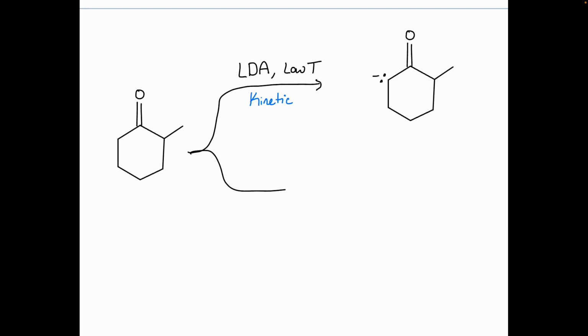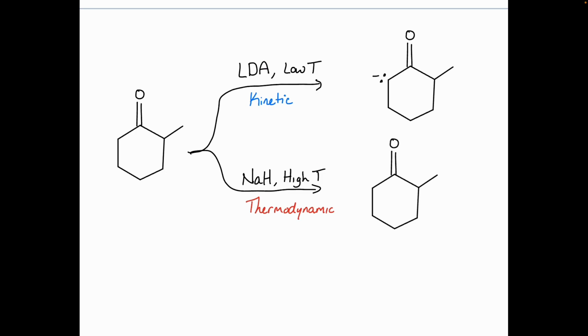Or we could instead use our small base, the sodium hydride, at high temperatures, and this would lead to the thermodynamic product, the more stable enolate ion, which is going to form on the more substituted carbon.